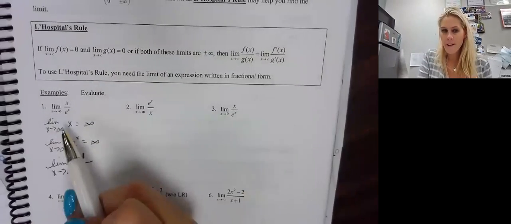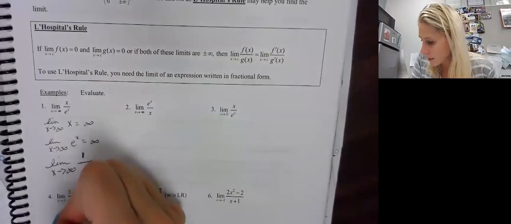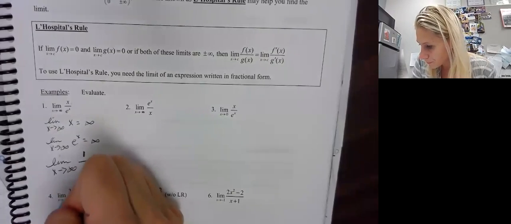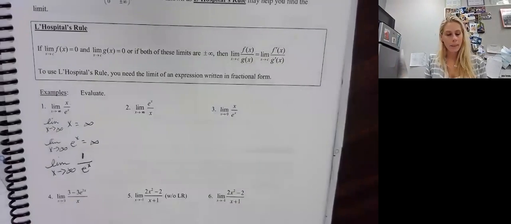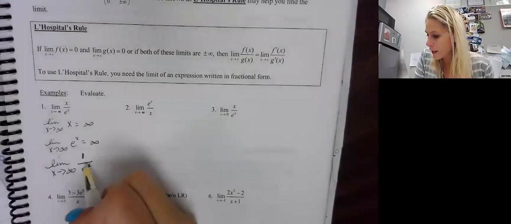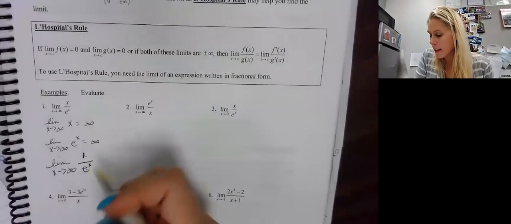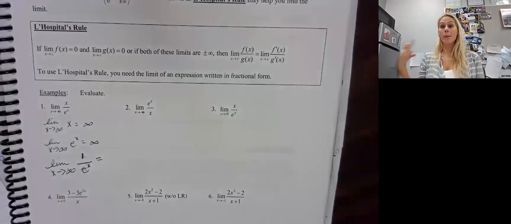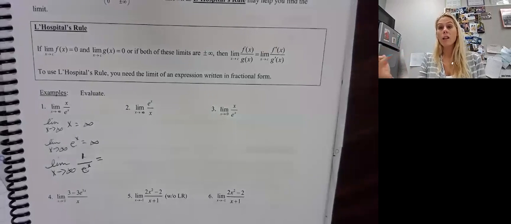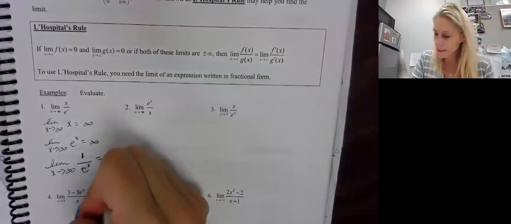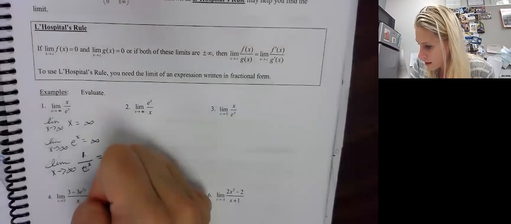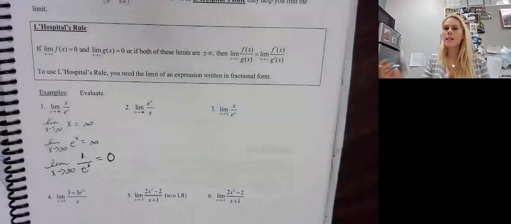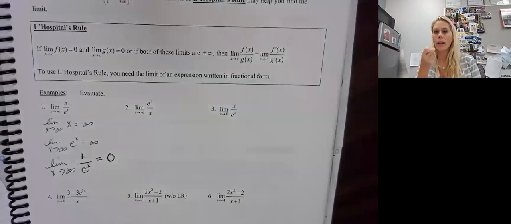What's the derivative of the denominator? That's e to the x. And now I can substitute in, right? I'm looking at 1 over e to infinity. Well, e to the infinity is very big, like infinity, and 1 over a big number is 0. Remember, a limit is not an exact value, it is where it's approaching.